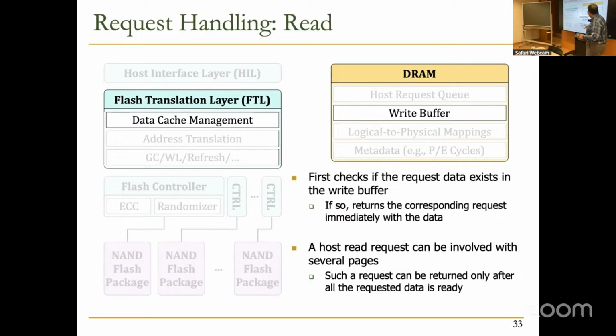So that's why the HIL actually waits until you have all the pages that you wanted to read, and then sends the response to the host system.